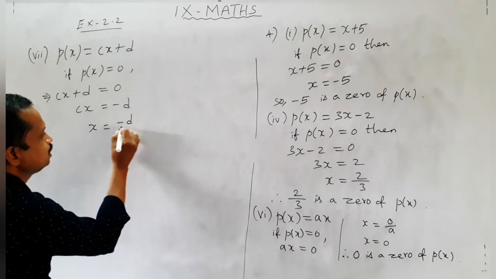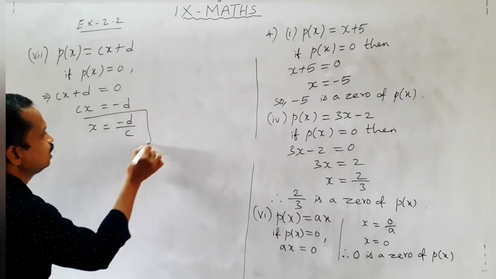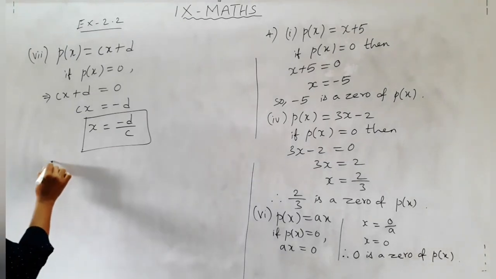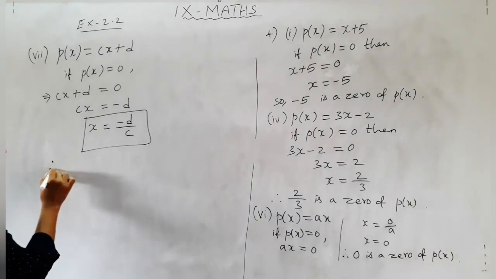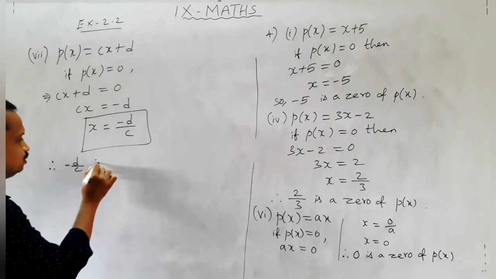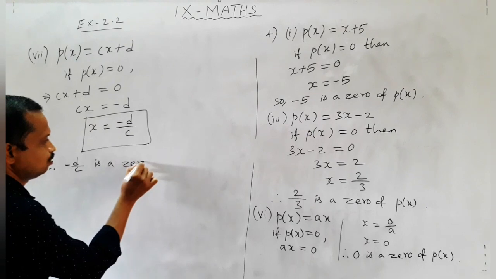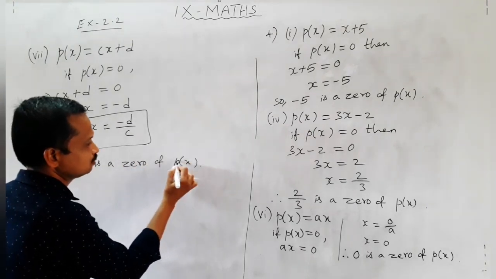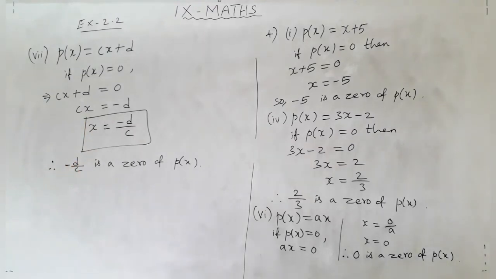So minus d by c. You see, this is the final solution for x. Therefore, you can write minus d by c is a zero of this polynomial p of x. That's all. So this is the way of doing it.